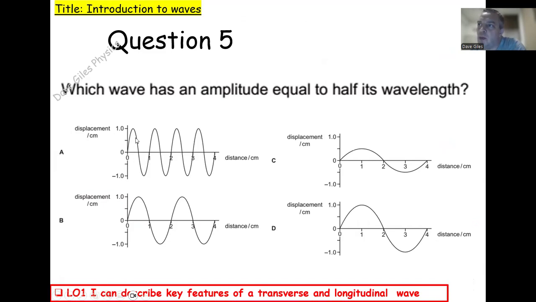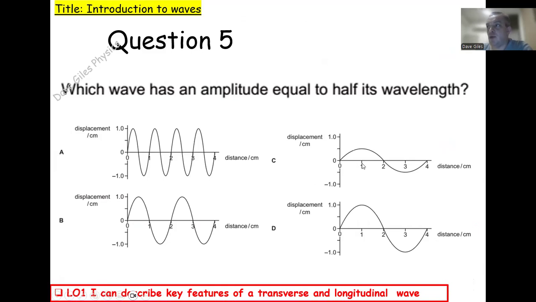It goes up, comes back down, that's half a wavelength there. It goes back up and is now going in the same direction as it originally was. So amplitude and wavelength here are the same, so it's not that.